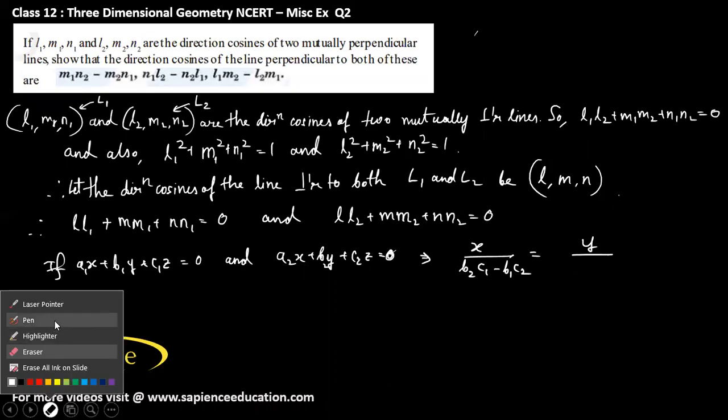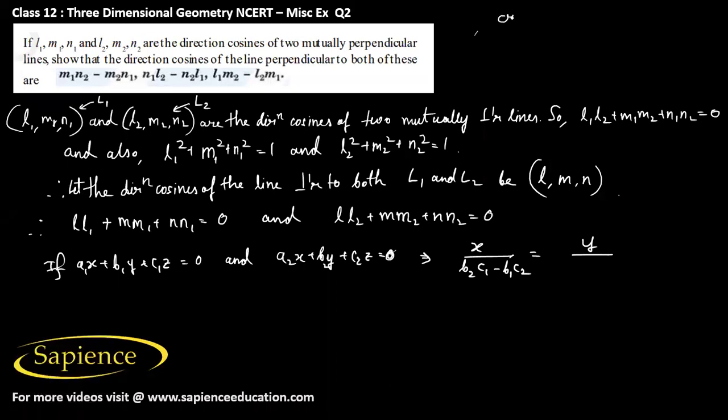Hence there is a rule, we call it the cross multiplication rule. Suppose we have these two equations, then the coefficients of x, y and z we can write. For x the coefficients are a1, a2, for y the coefficients are b1, b2, and for z the coefficients are c1, c2.